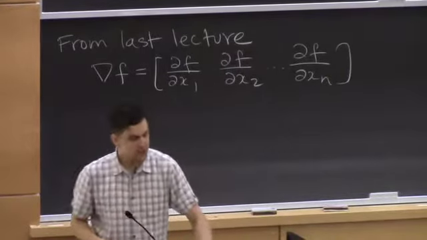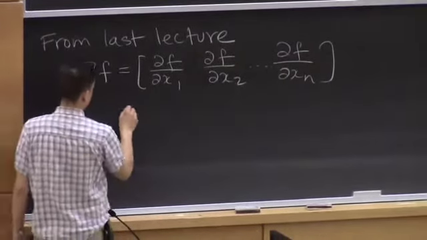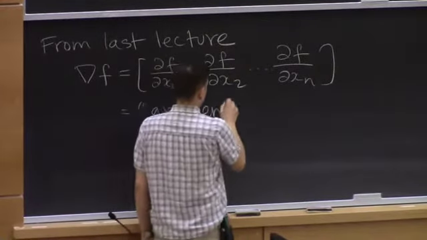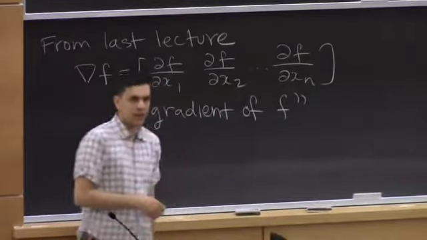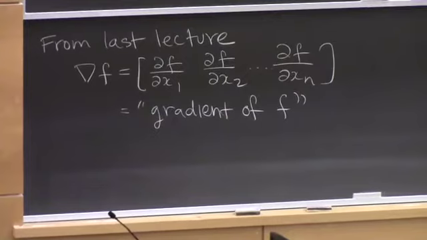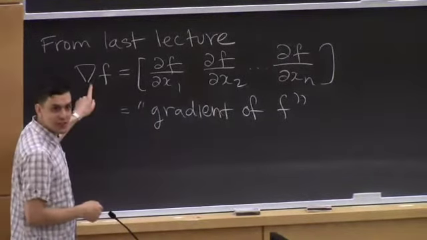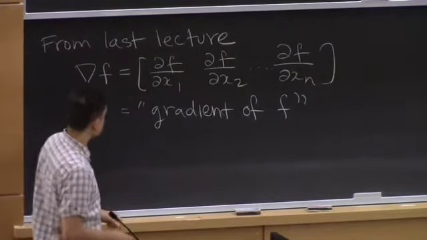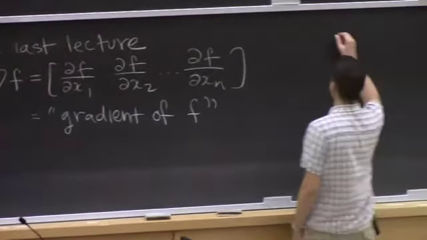Okay, so this is the gradient of f. Okay, and for people who want to become data scientists, who want to analyze data sets, this should be your favorite vector in the course. Very important vector, does lots of important stuff.